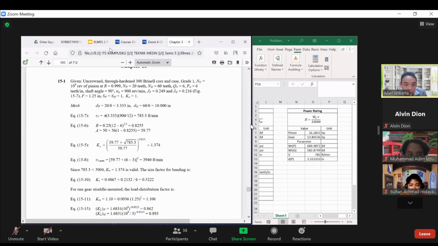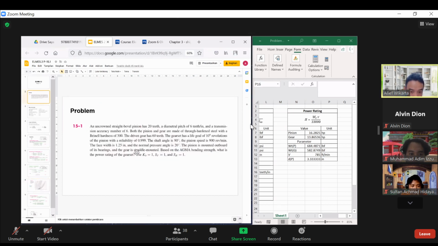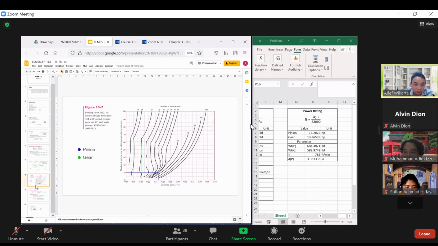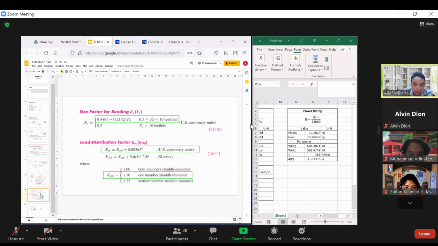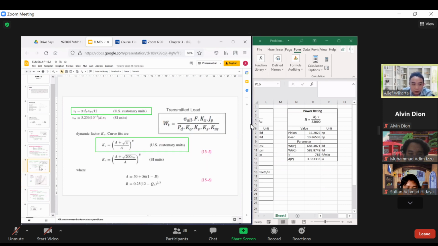The normal pressure angle is 20 degrees and the shaft angle is 90 degrees. Your problem is 20, I remember it's 20. So the difference is only in this G.